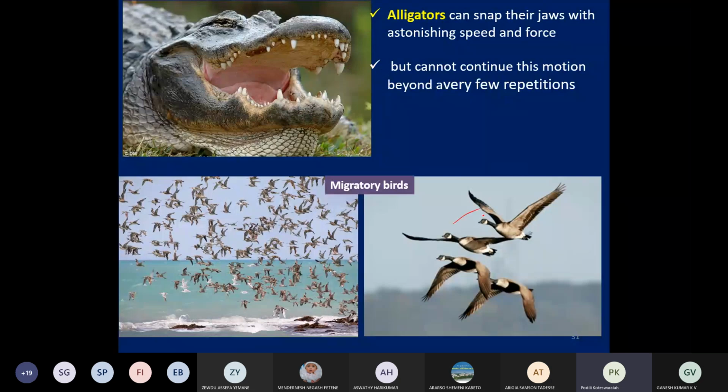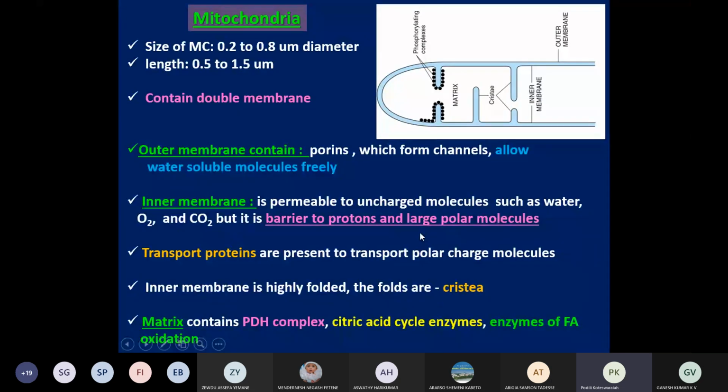Whereas migratory birds need higher energy for their locomotor movements, that's why they have more mitochondria in their muscle. So the number of mitochondria in the cell or the tissue is dictated by the energy demand of the cell or the tissue.